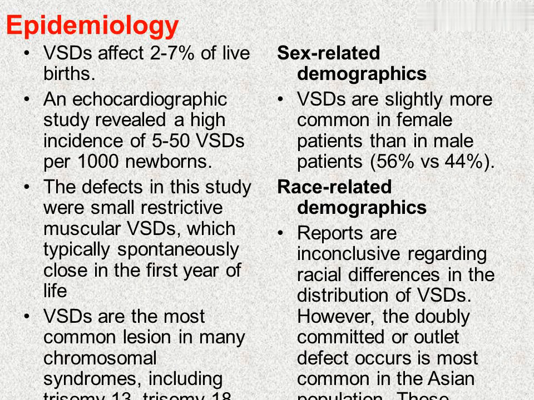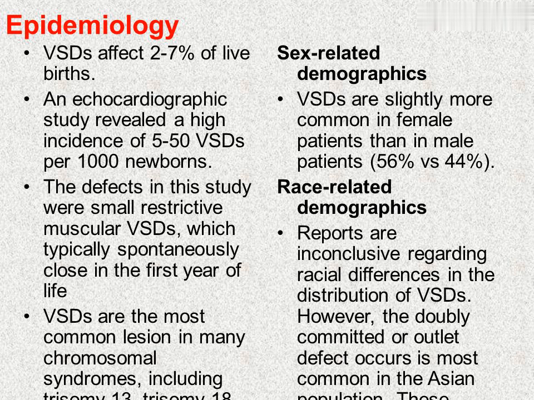Epidemiology: VSDs affect 2 to 7% of live births. An echocardiographic study revealed a high incidence of 5 to 50 VSDs per 1,000 newborns. The defects in this study were small restrictive muscular VSDs, which typically spontaneously close in the first year of life.